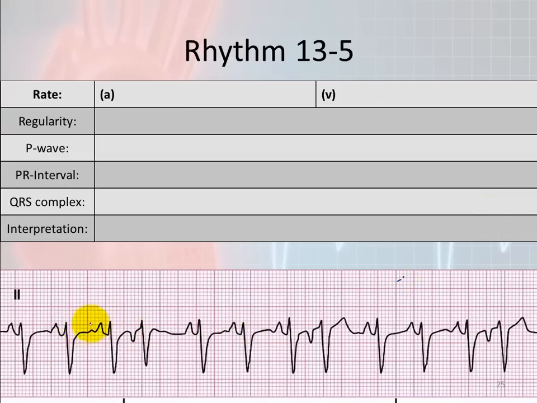This one looks a little bit faster, so what do we have here? We have an atrial rate of 300, 150, 100, so probably a little bit faster than 100. We'll call it 110. The ventricular rate is irregular. P waves are present and married.